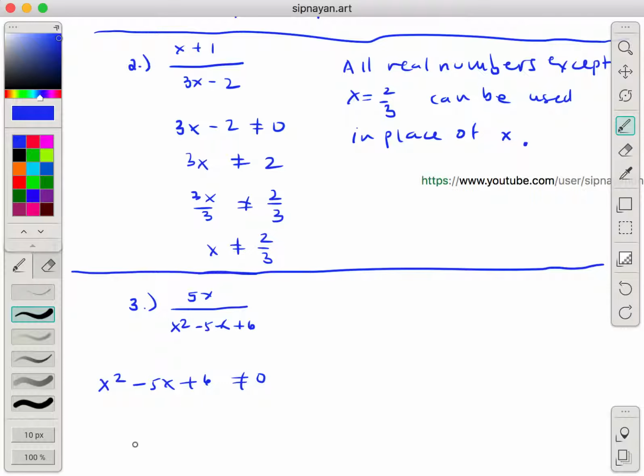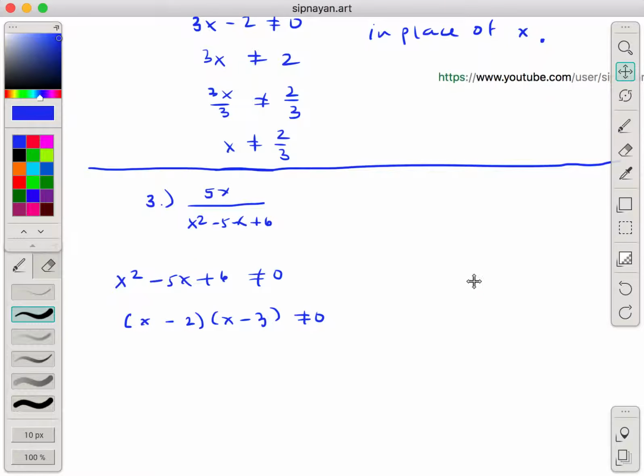So, factoring this, we get x minus 2 and x minus 3 is not equal to 0. Meaning, both must not be equal to 0.